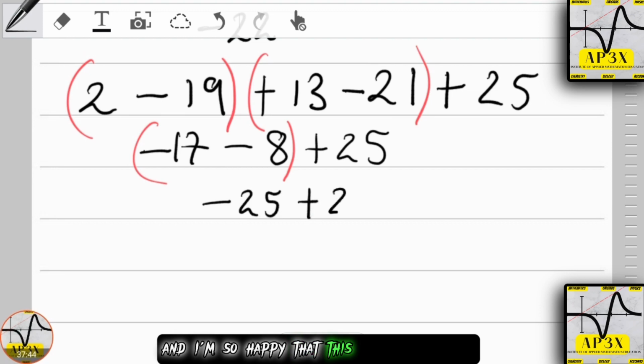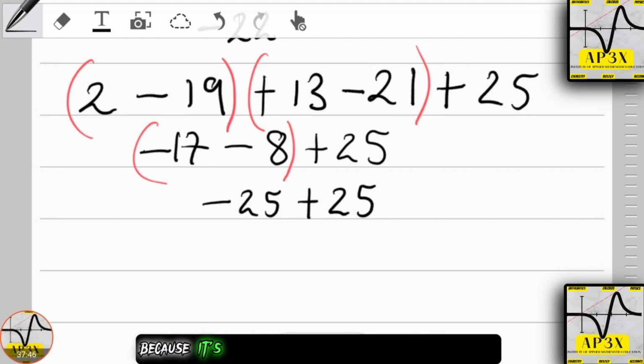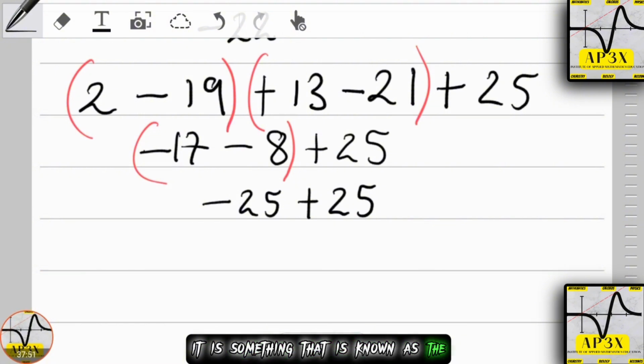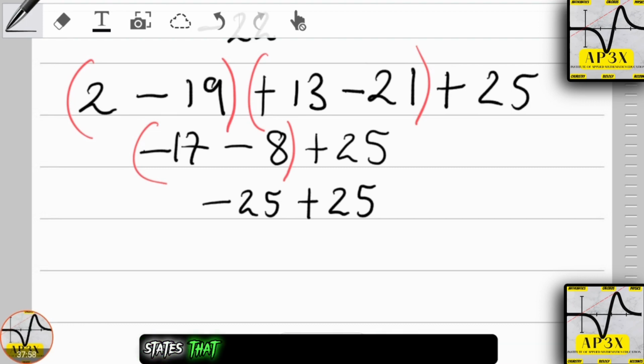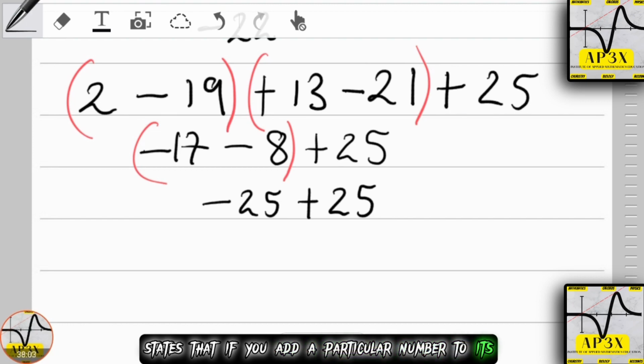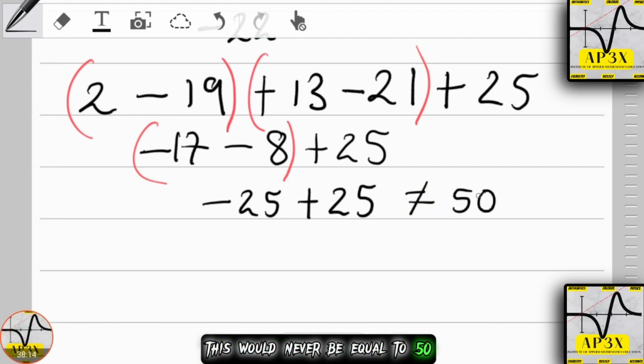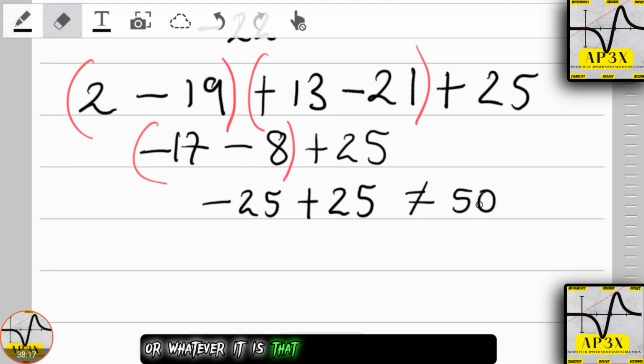And I'm so happy that this example came up, because it's something that we haven't talked about. It is something that is known as the additive inverse identity. And so the additive inverse identity states that if you add a particular number to its opposite sign, let's say like what we have here, we're adding negative 25 to positive 25, guys, obviously this would never be equal to 50 or negative 50 or whatever it is that you're going to come up with.